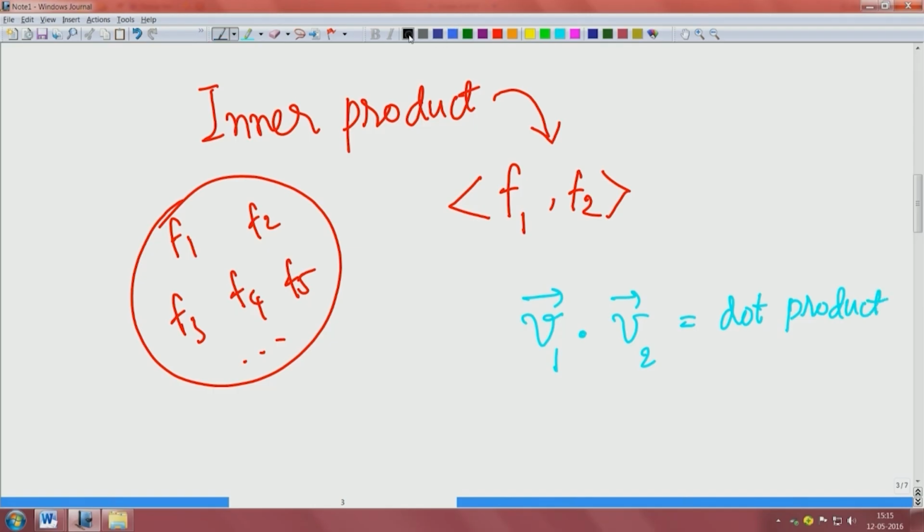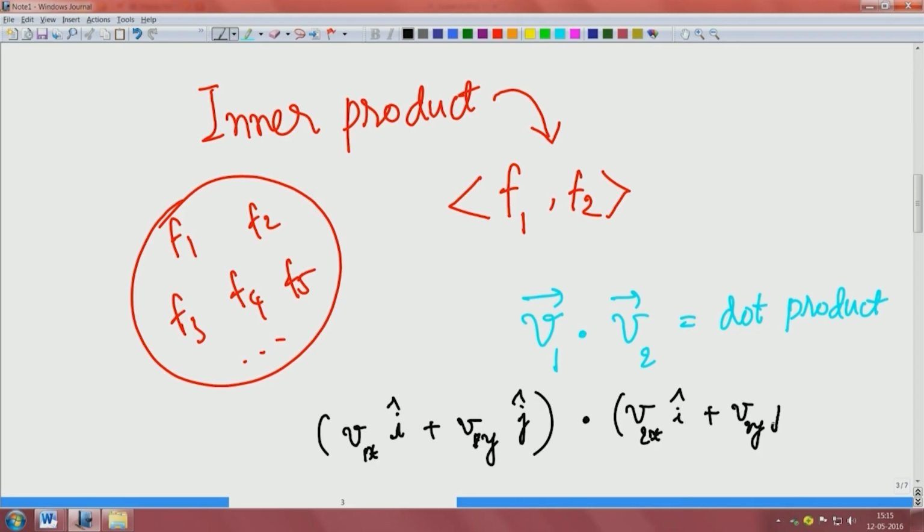If you want to recall, let us say I have V1x i plus V1y j, like a two dimensional vector, and V2x i plus V2y j. When I take the dot product, you know how to do it: basically V1x times V2x, because i dotted with i will be 1, i dotted with j will be 0, and j dotted with i will be 0, and j dotted with j is 1.